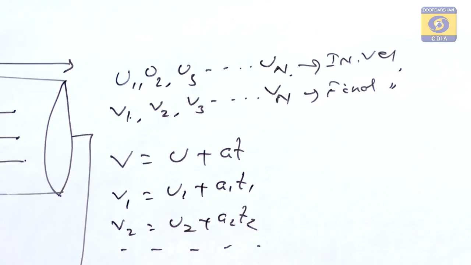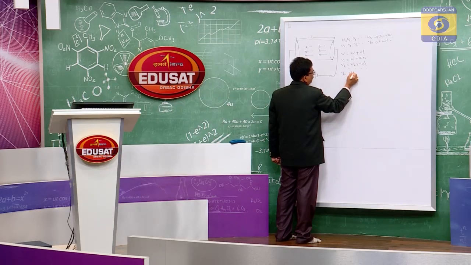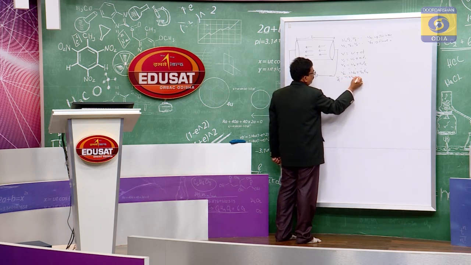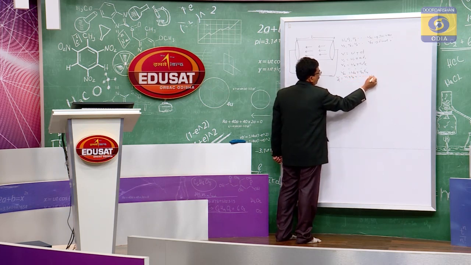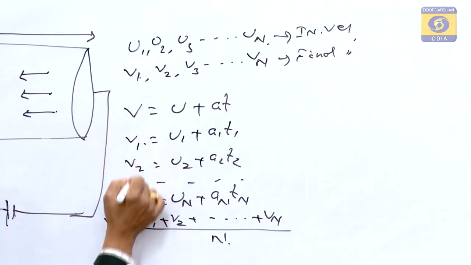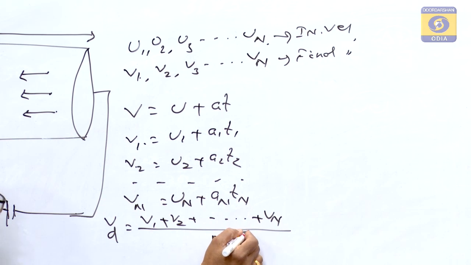Likewise, we have vn equal to un plus an tn. As we have written, Vd is equal to V1 plus V2 up to plus Vn divided by n, so these V1, V2, V3 up to Vn will be substituted there.